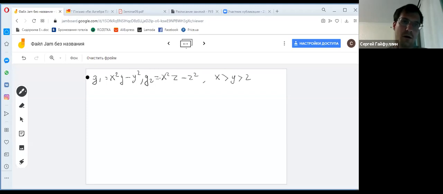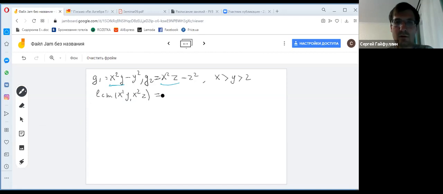Okay. First of all, we would like to obtain leading terms. Since x is the biggest, the leading term of g1 is x squared y. And the leading term of g2 is x squared z. There is no minus. Okay, now we compute the lowest common multiple of x squared y and x squared z.